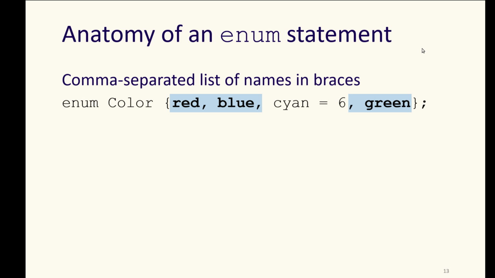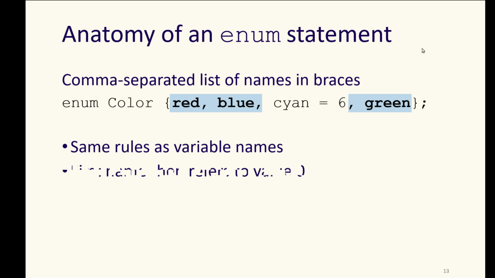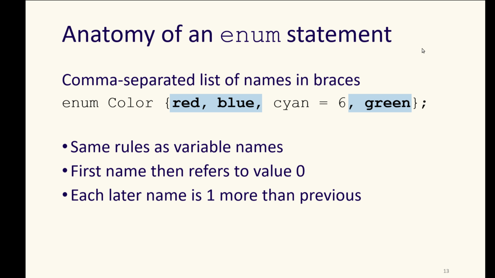Inside of the enum's brackets, you give a comma-separated list of names for each of the things that enum groups together. These also have the same rules as variable names. The first name will by default refer to the value 0 unless you specify otherwise, and then each later one is 1 higher than the previous one.